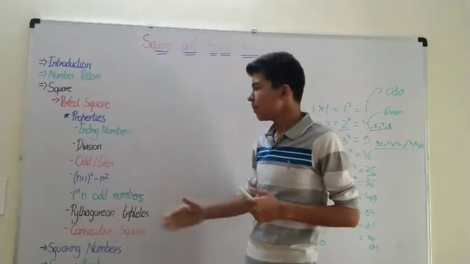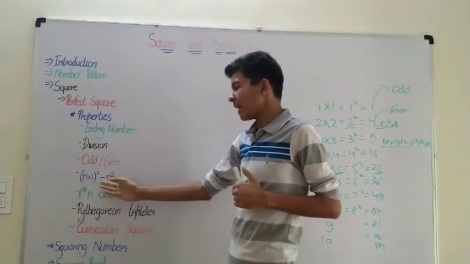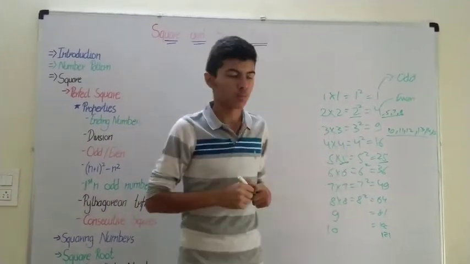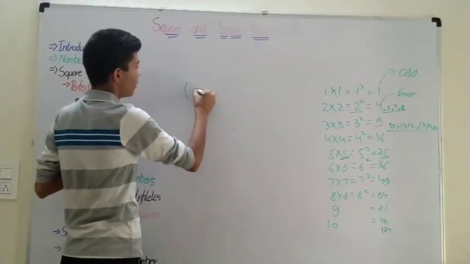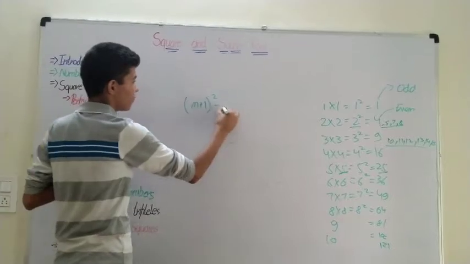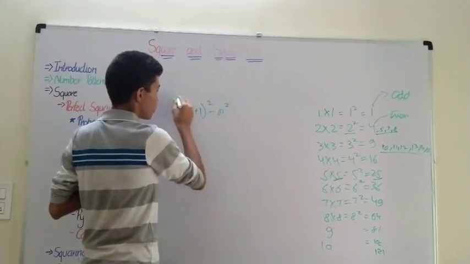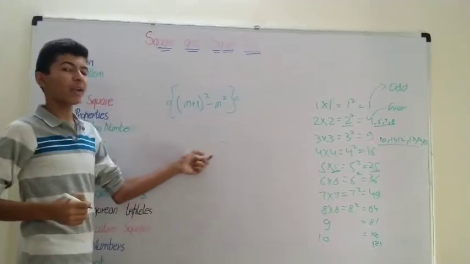So now let's move to (n plus 1) square minus n square. If I write this, (n plus 1) square minus n square, how can we solve this?